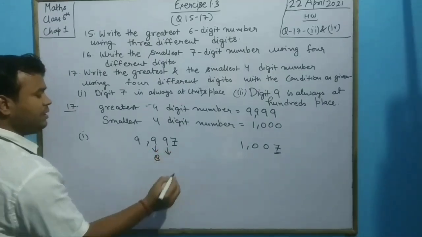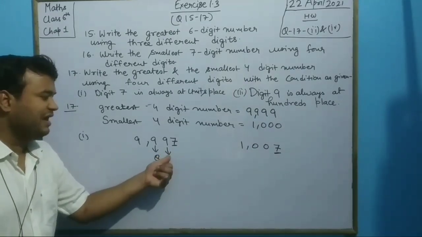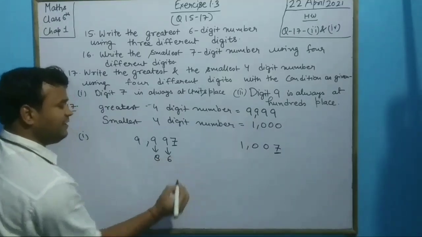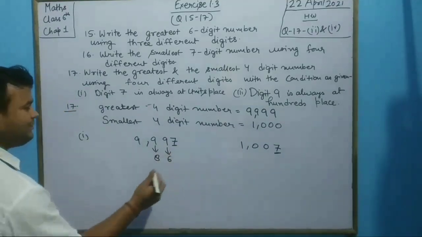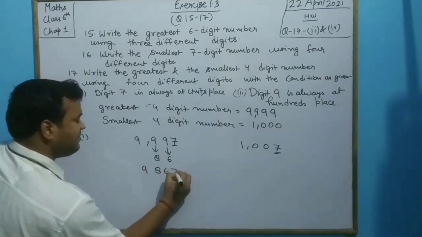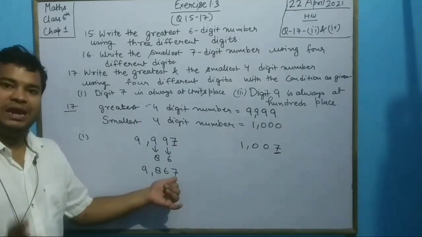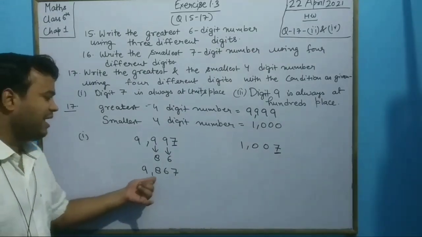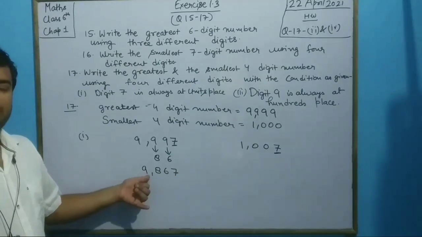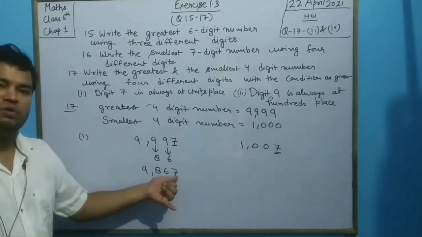Because we have already used 7, we cannot use 7 at this place, so we can use 6 here. It will be 9, 8, 6, 7. Both conditions are satisfied: 7 at the unit place and all the digits are different. So this is the greatest 4-digit number with all digits different and 7 at the unit place.